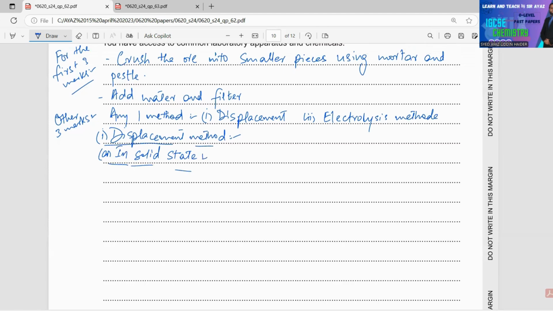In the solid state, you have to add more reactive metals.